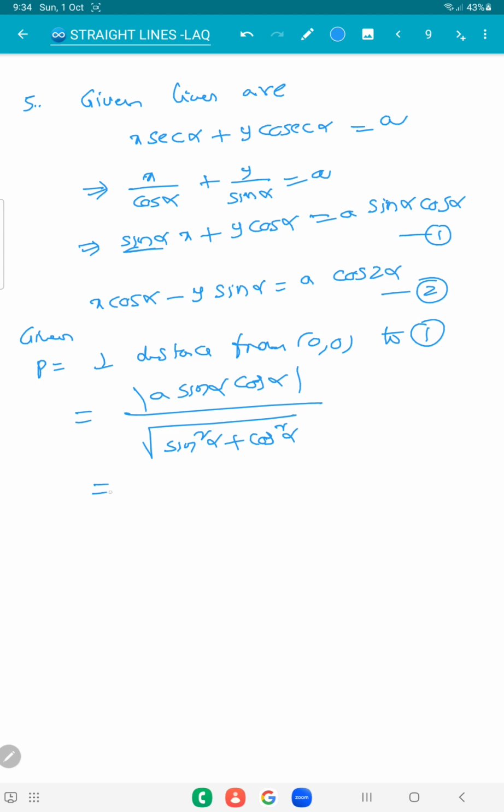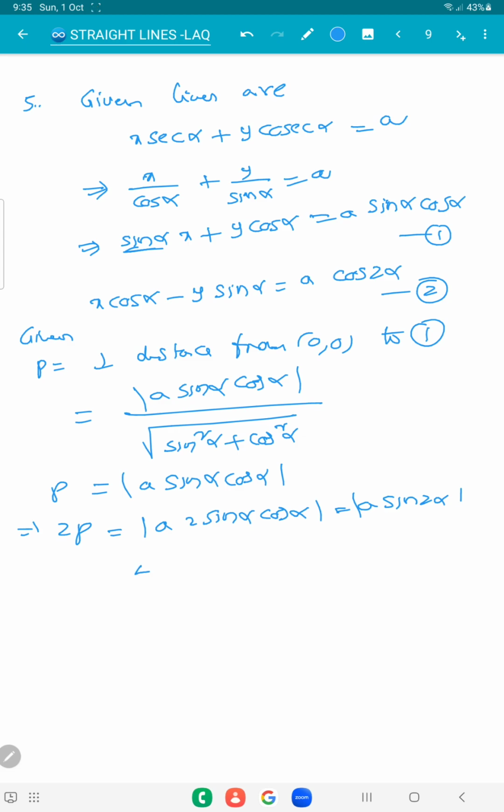So that is equal to a sin alpha cos alpha by root of sin squared alpha plus cos squared alpha, which is 1. This is p. Multiplying both sides by 2: 2p is a into 2 sin alpha cos alpha. What will you have? a into sin 2 alpha. Squaring on both sides, 4p squared is equal to a squared sin squared 2 alpha.